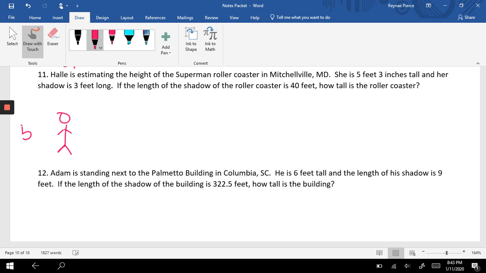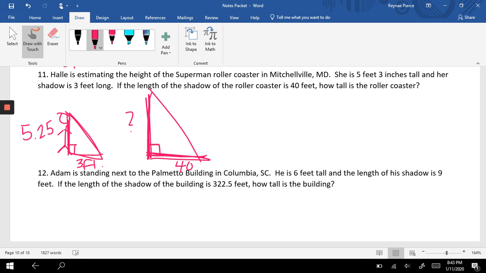Now remember, 5 feet 3 inches is actually 5.25 feet. Okay, and her shadow is 3 feet long. So here's our triangle. Okay, here's our roller coaster. That's what we don't know how tall it is, but we know that its shadow is 40 feet. Okay. How tall is the roller coaster?